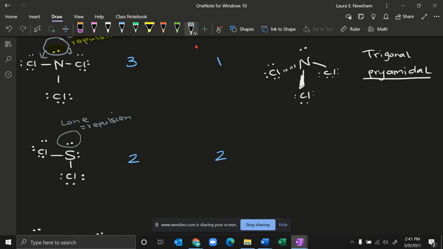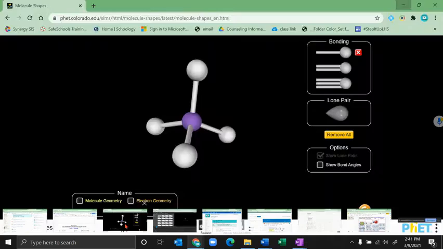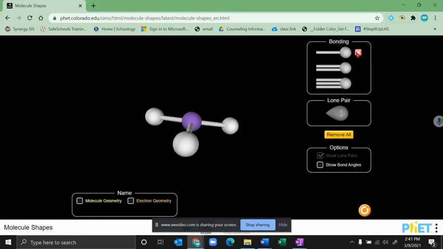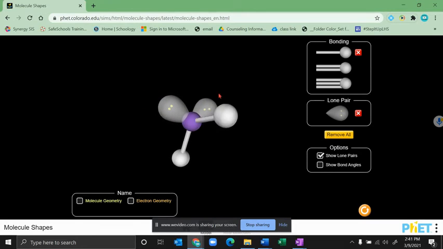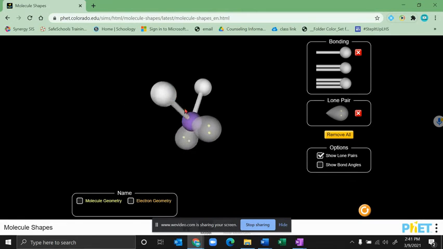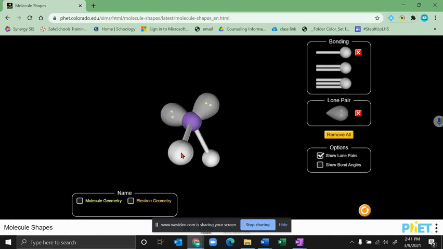Now, some of us draw this where the lone pairs are 1 on top and 1 on bottom. With this, and I hope you saw this in PhET, and I don't think I emphasized this, my lone pairs put themselves on one side. No matter what I do, I cannot get my bonded pairs on one side and my lone pairs on the other.